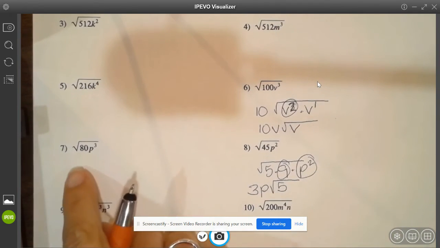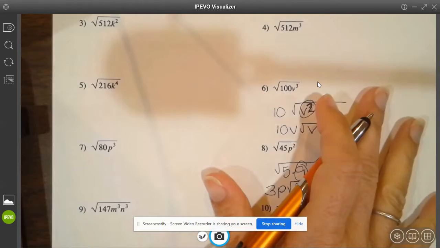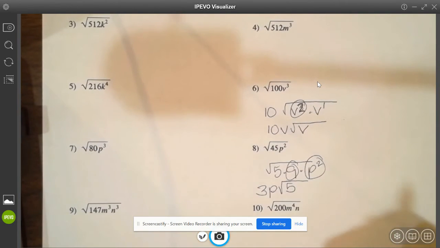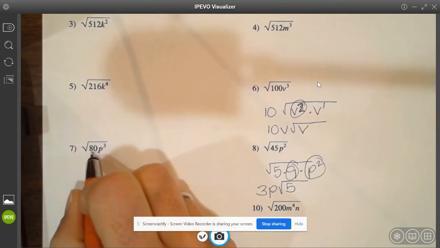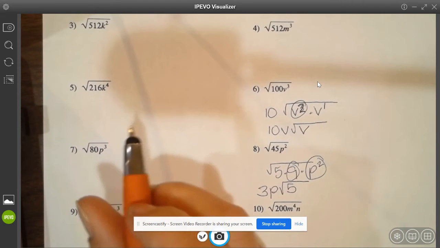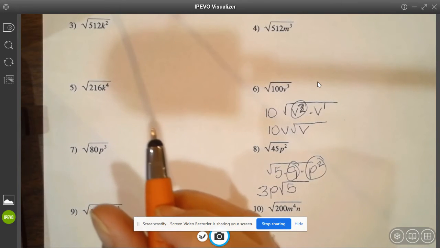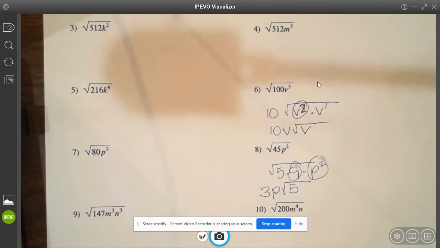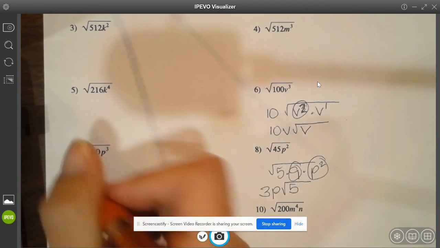Let's see. For this one, we said that it was something like what? 16, right? It was 16. So we have 16 times how much? Let me get my calculator here. Sorry. So 80 divided by 16, that is 5.